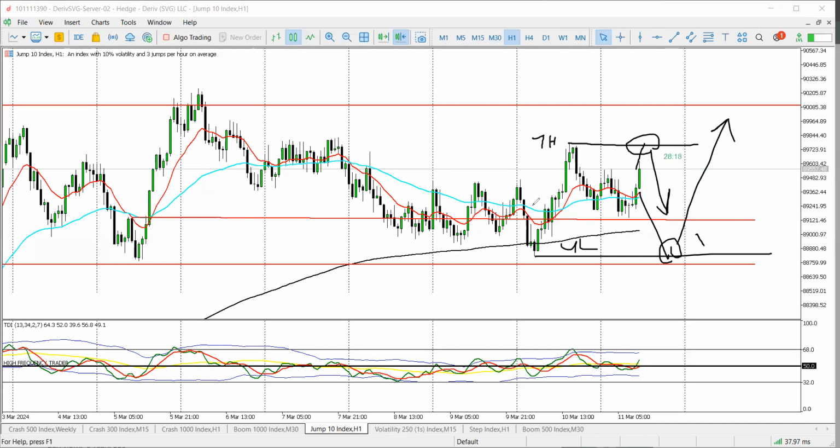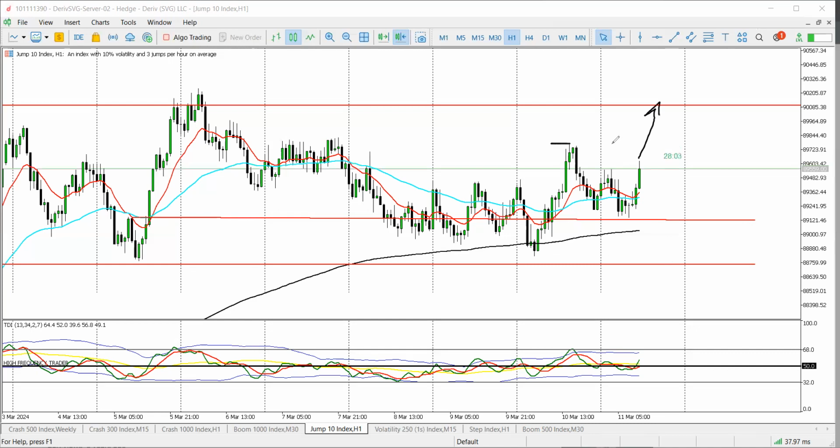So this will be a better setup because we know that this is a 4 hour demand zone, or also a support zone. So price can come and bounce here, push up. Here, we don't have a guarantee that this buy still wants to push up. Like I said, they might hit yesterday's high, take liquidity, then push the price down. So for now, I do not have any setup or anything too solid until I see price break outside yesterday's range, then get any other confluence which might be showing me that this price wants to come up.